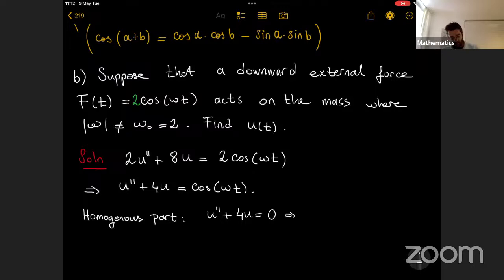And from this, the solution of the homogeneous part, as in the previous part, is going to be C1 cosine 2t plus C2 sine 2t.